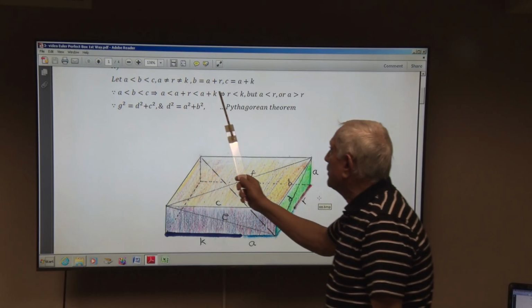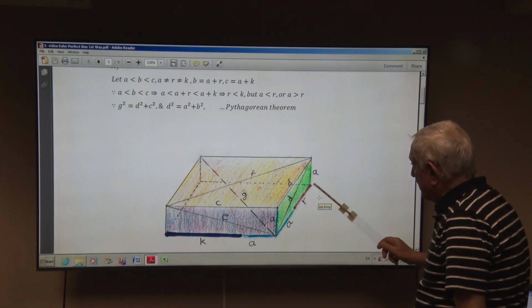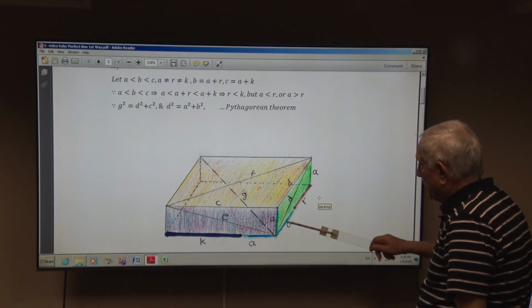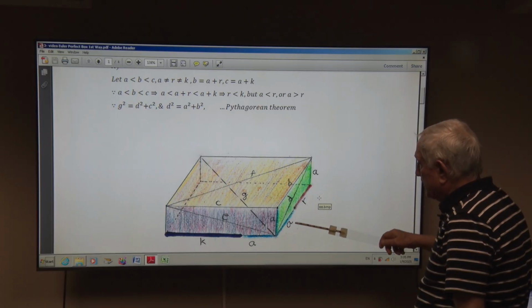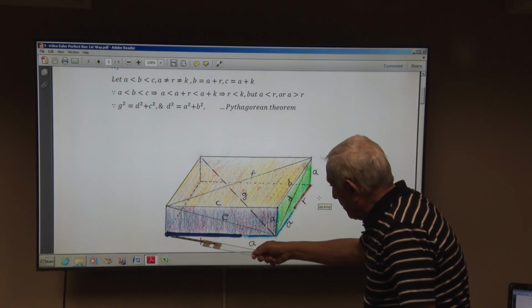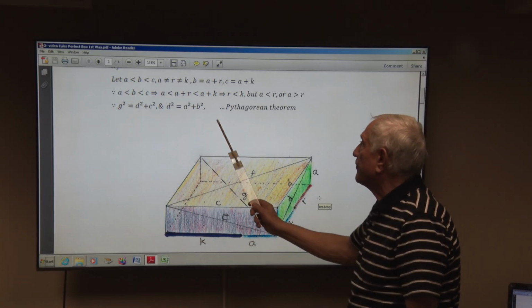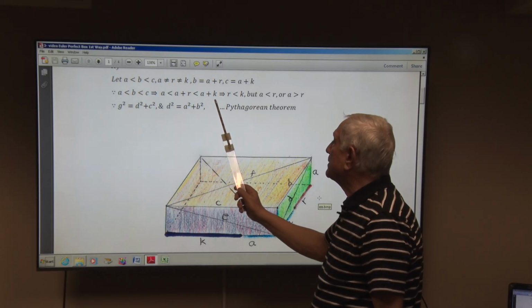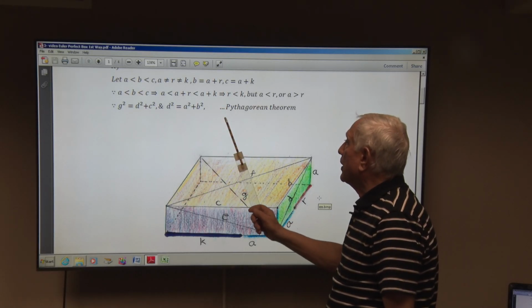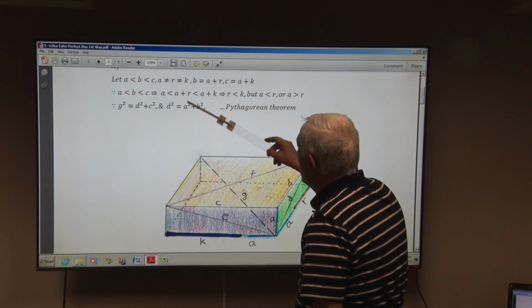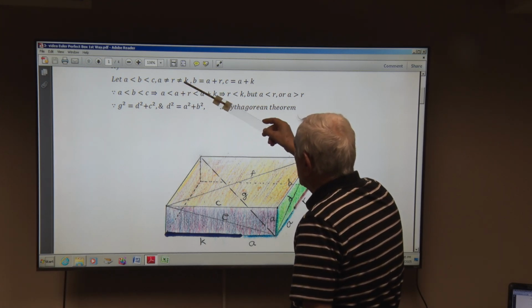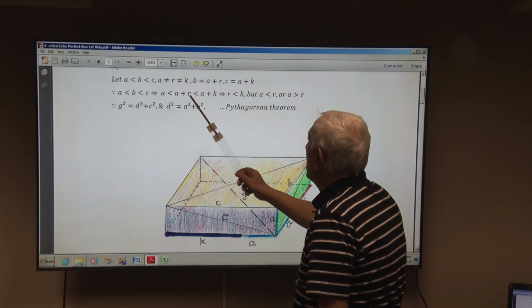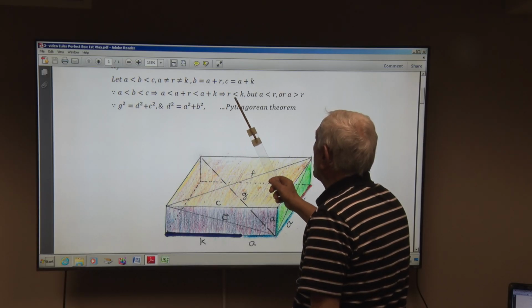B is what? B is A plus R. The height is A, and the width will be A plus R. And C will be A plus K. When you cancel A from those inequalities, you will get R less than K always.